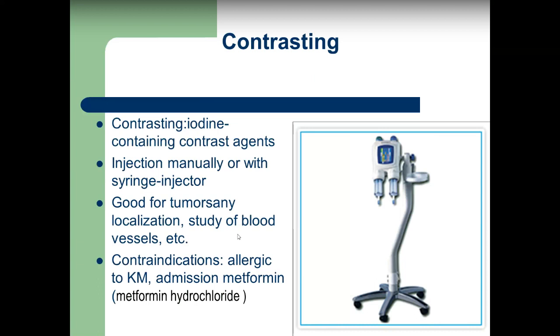The first we fill with contrast media, the second with saline solution. It has, of course, advantages in comparison to manual injection. It has constant speed, about 4 or 5 or more milliliters per second.